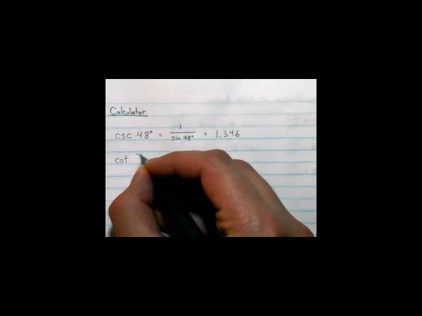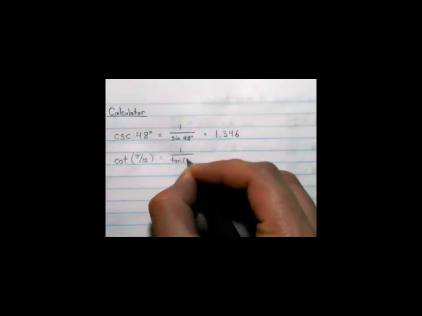Okay, how about cotangent of pi over 12? So be careful. You're going to be flipping back and forth a lot with this stuff. So cotangent of pi over 12.